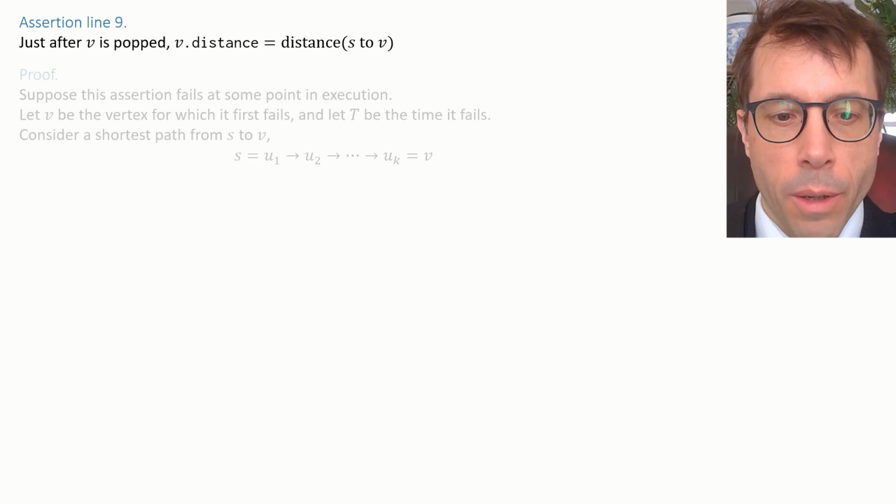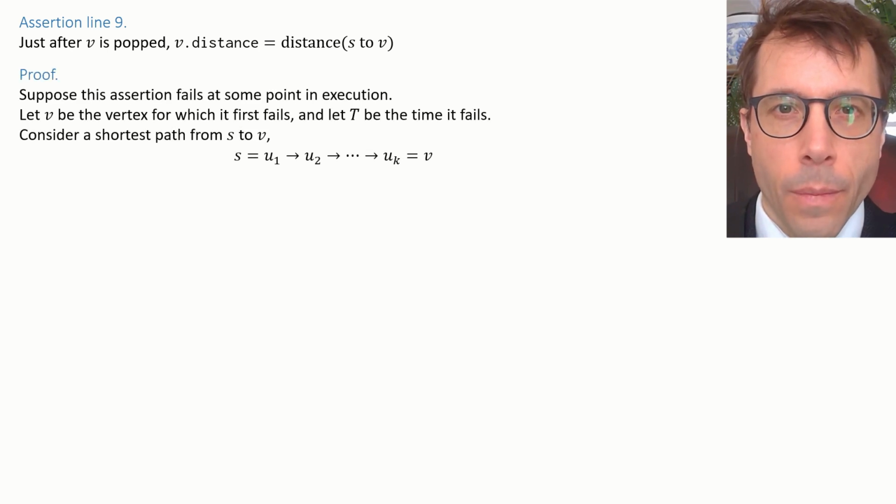We're going to prove it by contradiction. Let's suppose the assertion fails, and it may fail one or more times during the execution of the algorithm. And let's consider the very first point in time during an execution at which it failed.